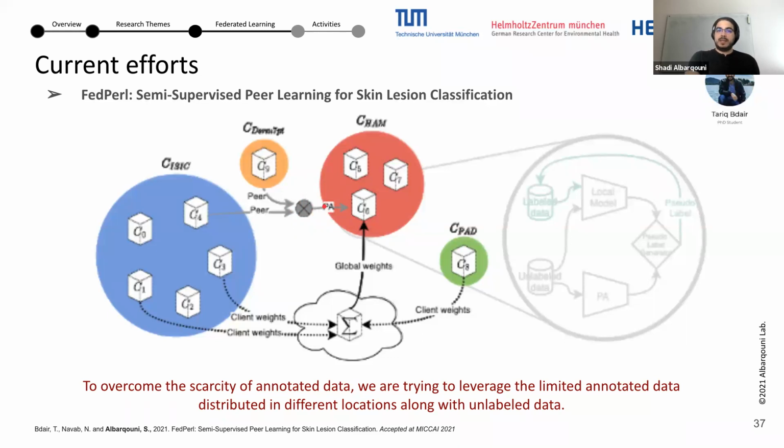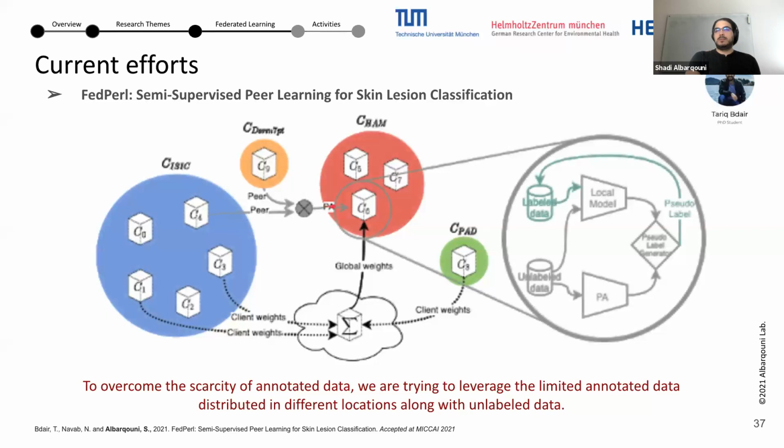To get more insights into how this works, you remember that in semi-supervised learning, we do have labeled data that tries to minimize the cross entropy in a supervised fashion. We do have the other part, where we actually use the unlabeled data to get the pseudo-labels.